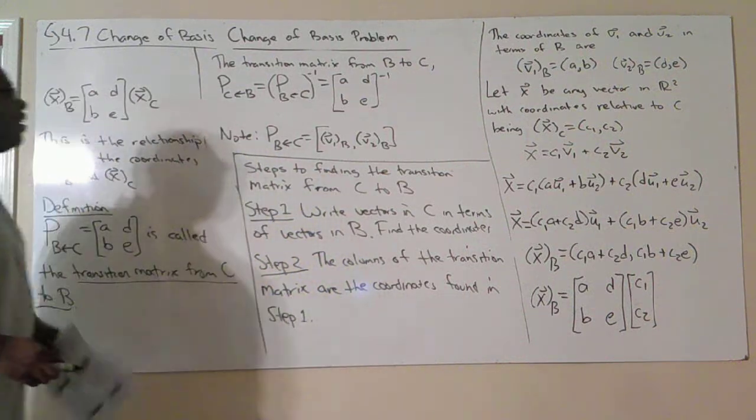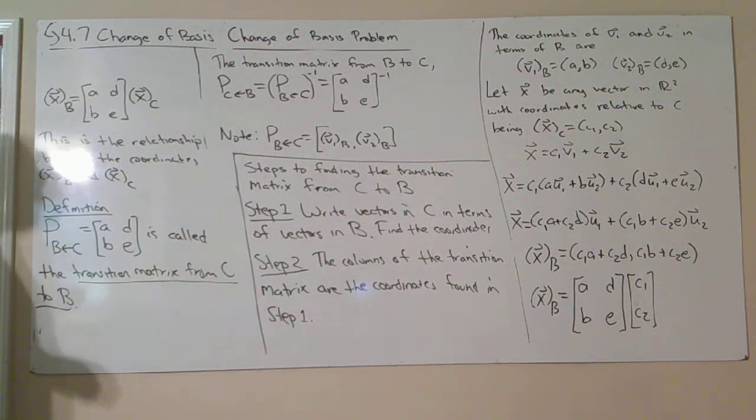Okay. So just two steps. What we need to do is write the vectors in C in terms of the vectors in B, find the coordinates. Step two, the columns of the transition matrix are the coordinates found in step one.